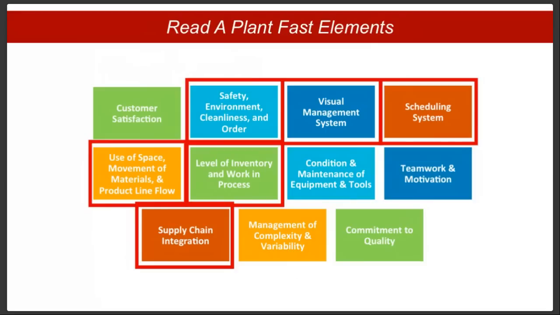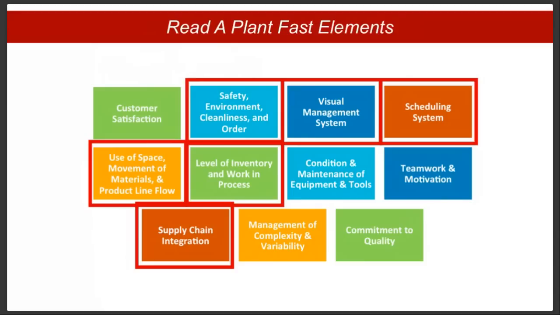And you're going to see that we have all the elements here. And frankly, we recycled this slide from our talk on Read a Plant Fast. And what we did here is notice that we highlighted with the red box the ones that apply to materials.